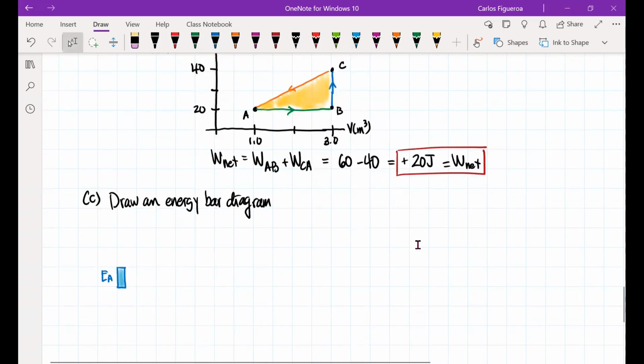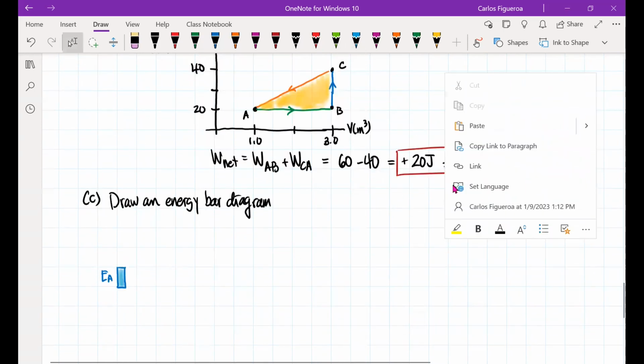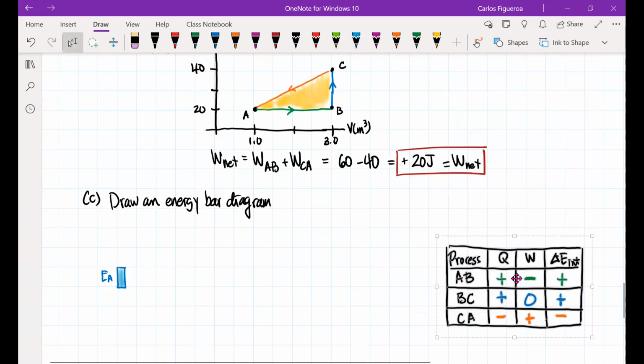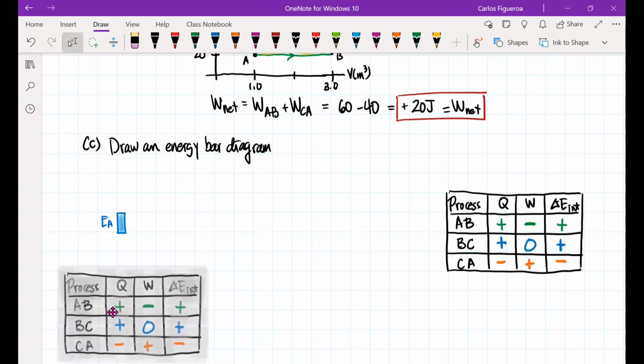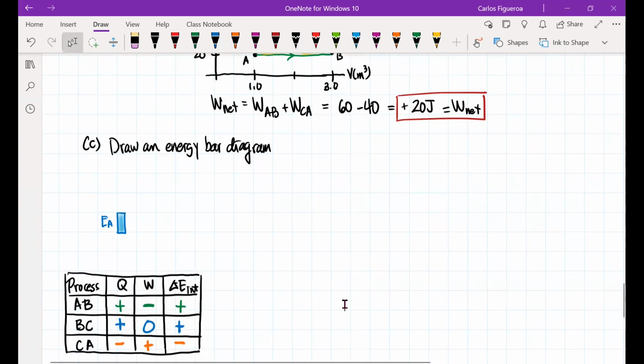I'm going to put this over here out of the way. Now, what happens as I go from A to B?